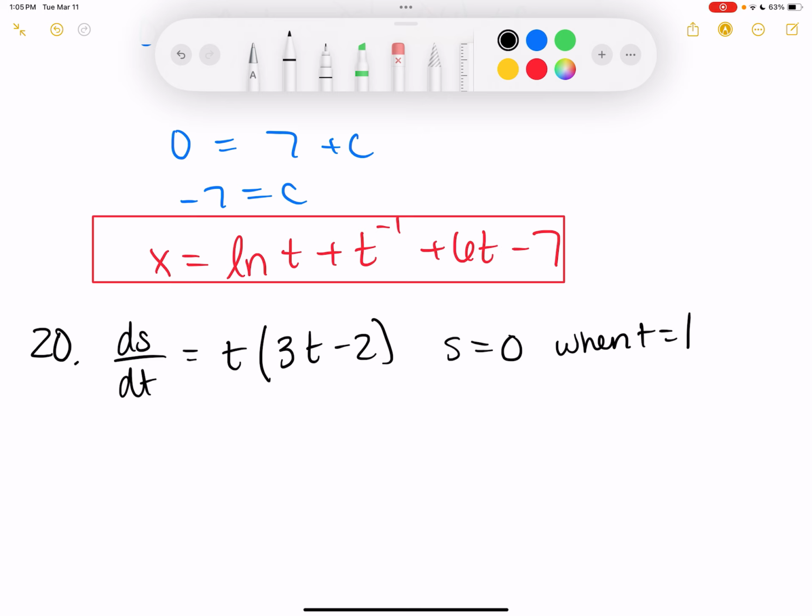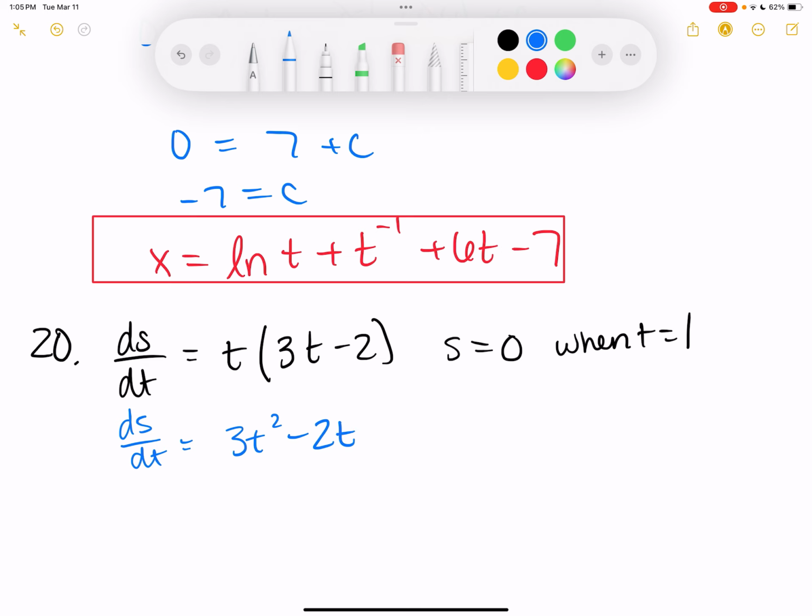The first thing I would do is distribute, because it'll make it easier. Some people have tried to use the chain rule here. So ds dt equals 3t squared minus 2t.